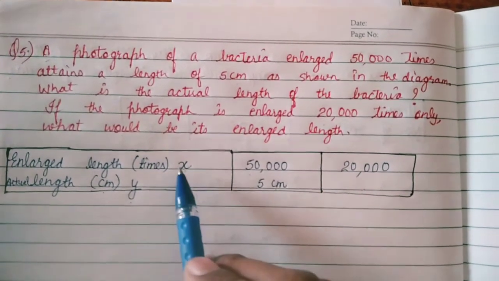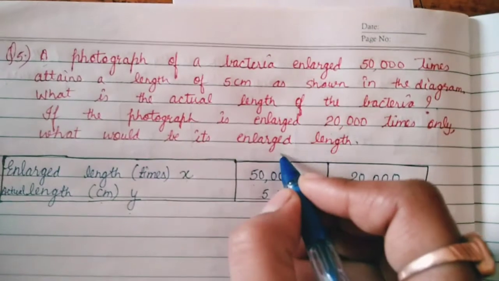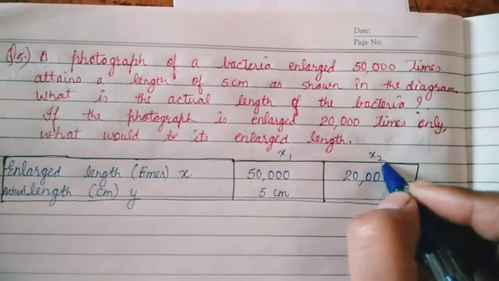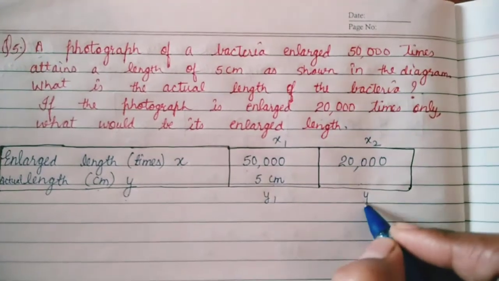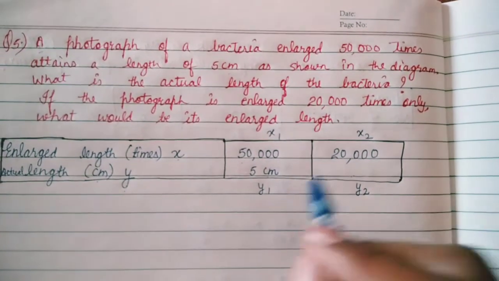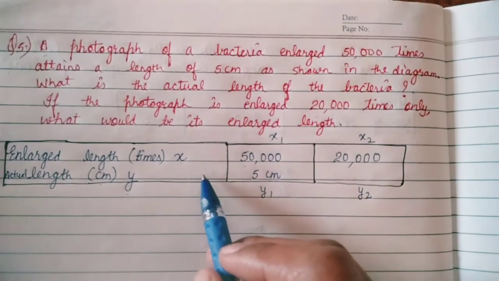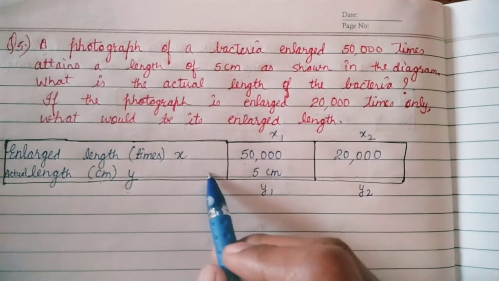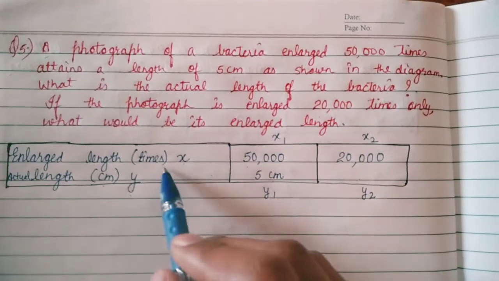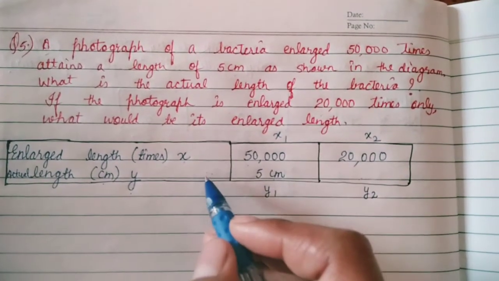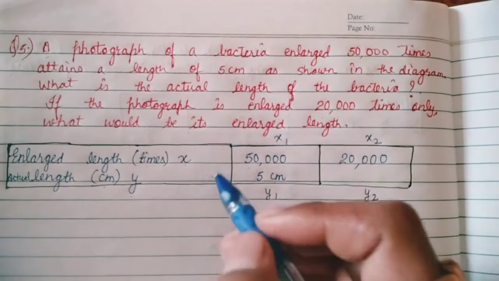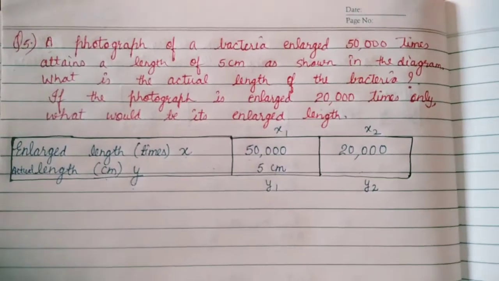So the corresponding values of x are x1, x2, and the corresponding values of y are y1, y2. You can simply see that as the actual length increases, the enlarged length also increases, and as the actual length decreases, the enlarged length decreases.